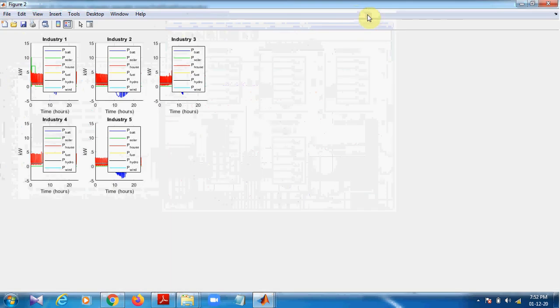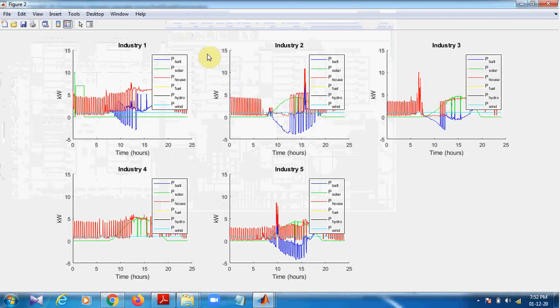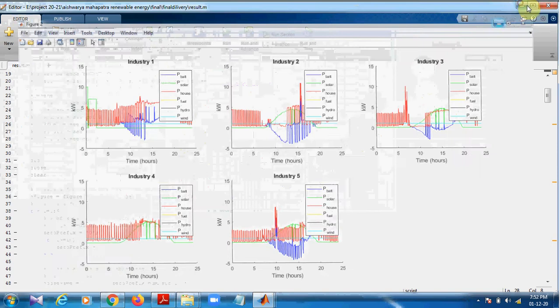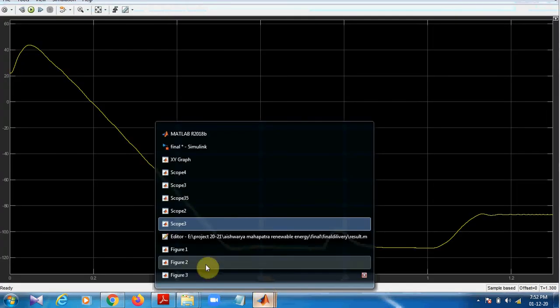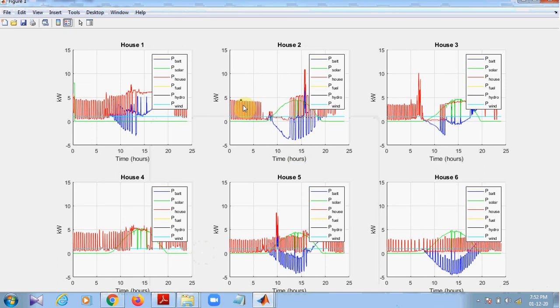Likewise, you can see here the power consumption by different small industries. We have created a 5 small industry model. So these 5 industry models are consuming power from various sources. Same, we have created a 24-hour simulation model, and it is generating the graph for power consumption from various sources. Like the industries, we have created the house model as well.